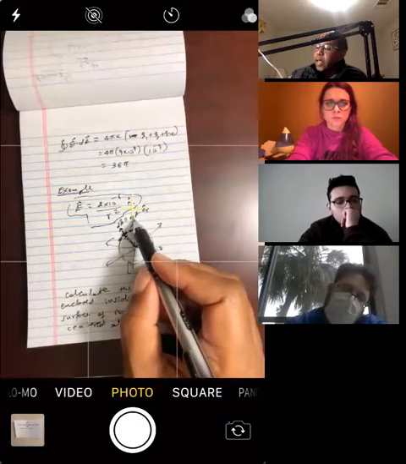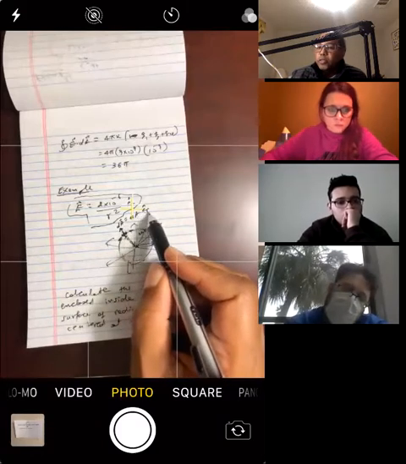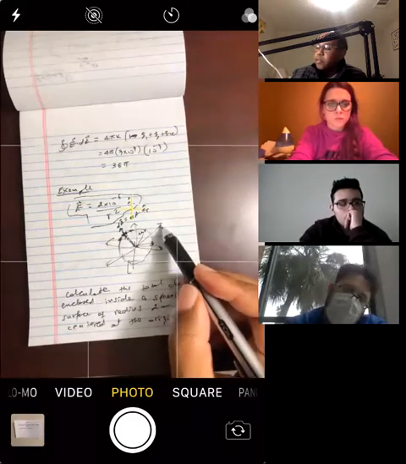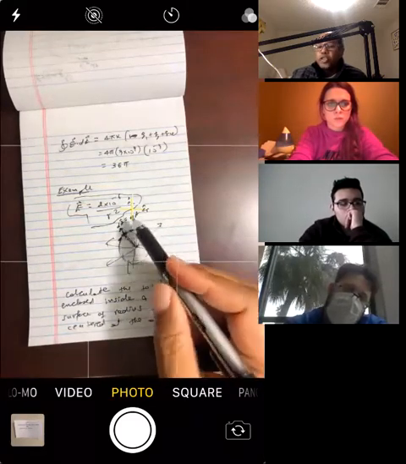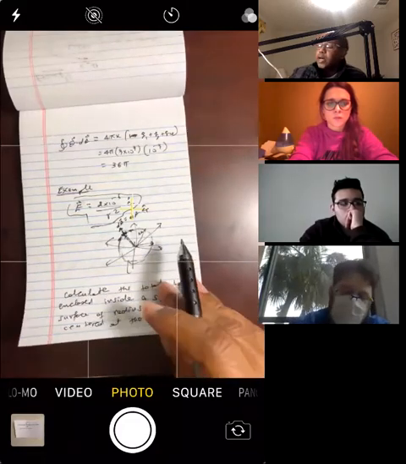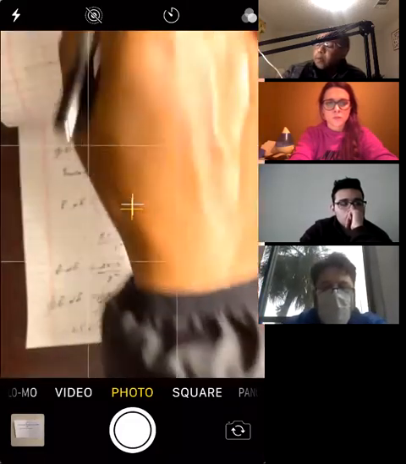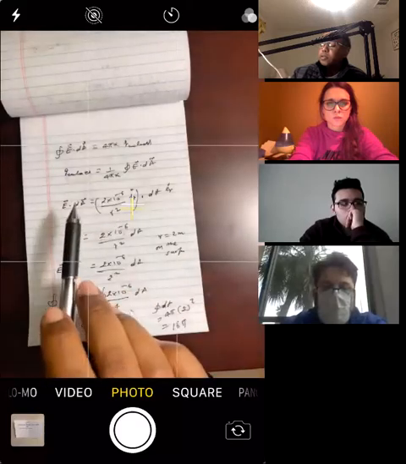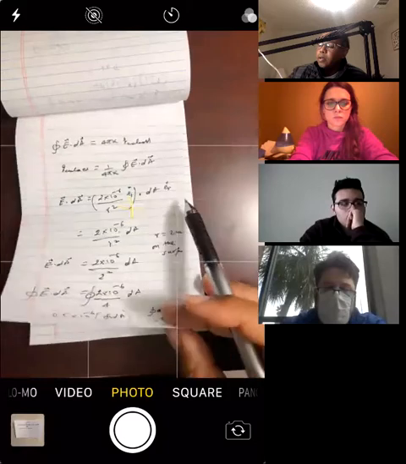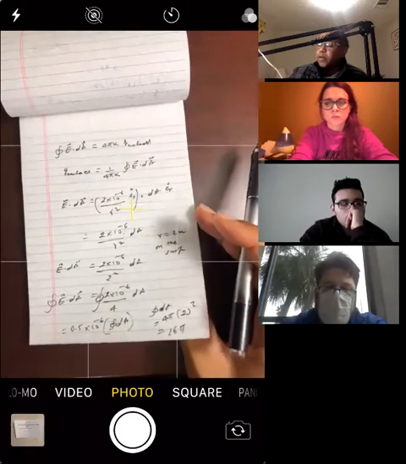That is dA, and E_r is a unit vector in the direction of the position vector. So the direction of the electric field and the direction of the area are the same everywhere. They're parallel. That's why you get E_r dot E_r equals 1 over here. So once you have the surface integral, then just use Gauss's law to get the charge enclosed.